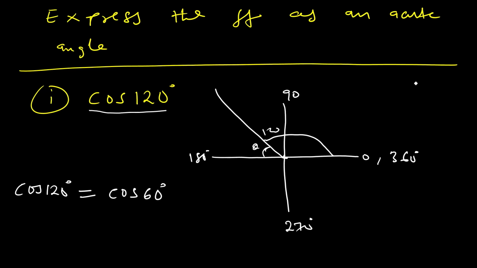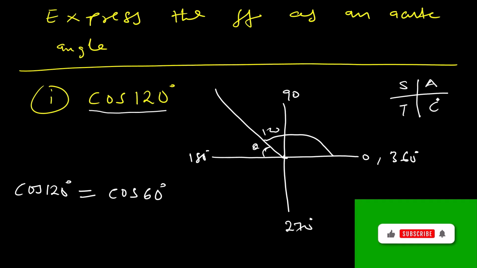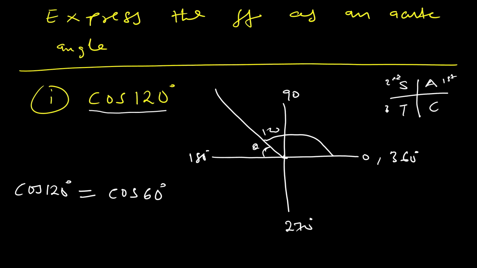But let's check the quadrants. So we have CAST. This side is the first quadrant, second, third, then fourth. Let's look at the quadrant where we are working.